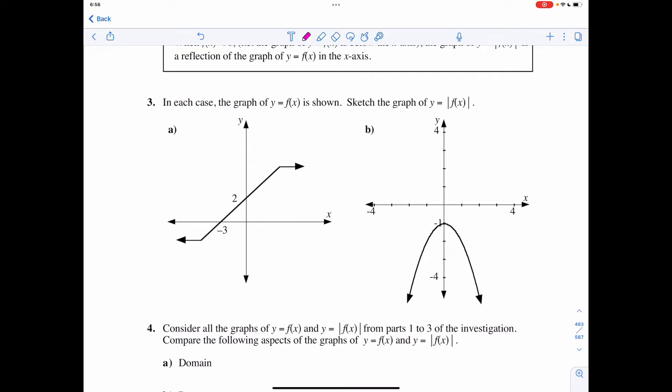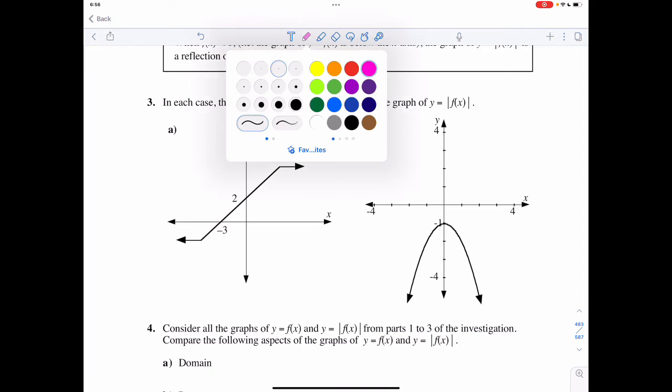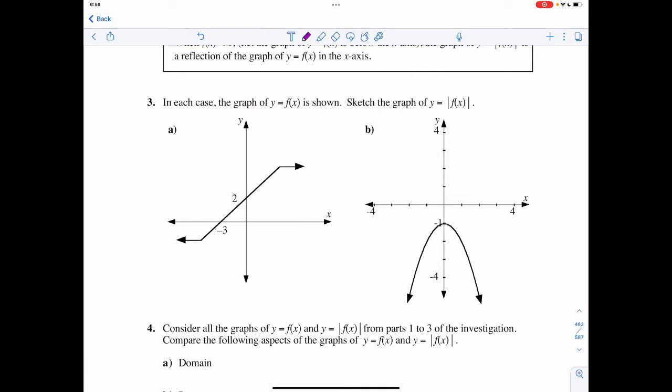All you need to say is that wherever the original function was positive, the new function is still going to be positive. Wherever it was negative, it's going to become a reflection.